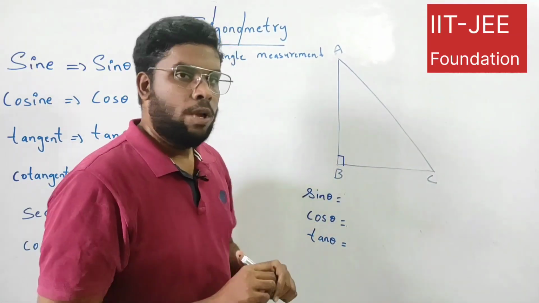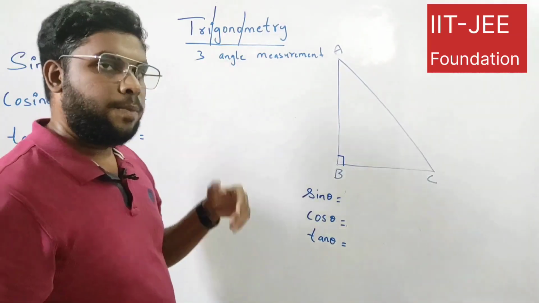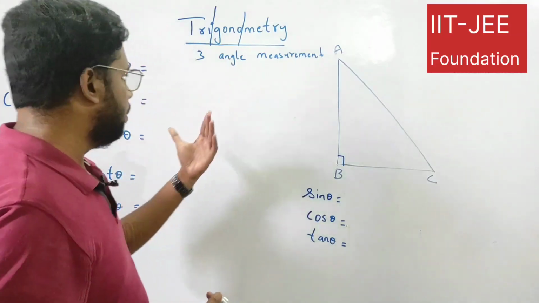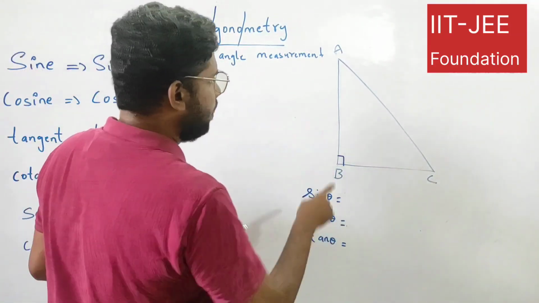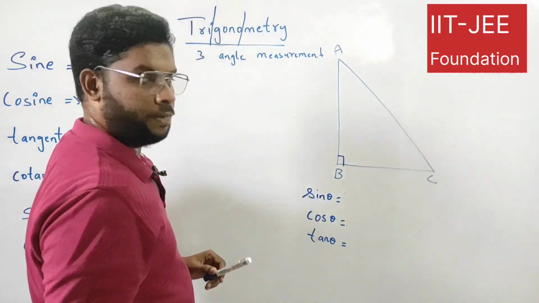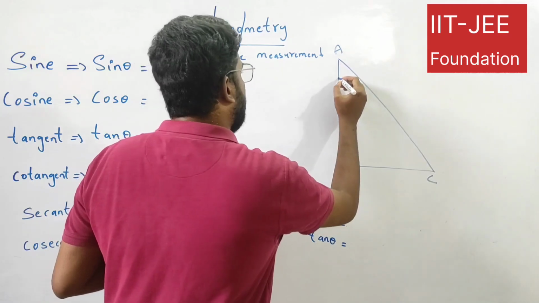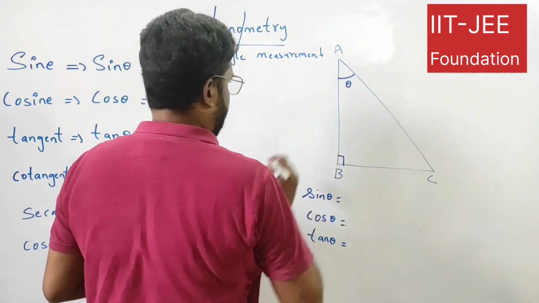So before going to the trigonometry ratios, first we will become familiar with the right angle triangle. Then we will introduce these trigonometry ratios one by one. So now focus here. This is our right angle triangle, right angle at B. Now if I consider, for an example, the angle here, this is the angle we consider to be theta.